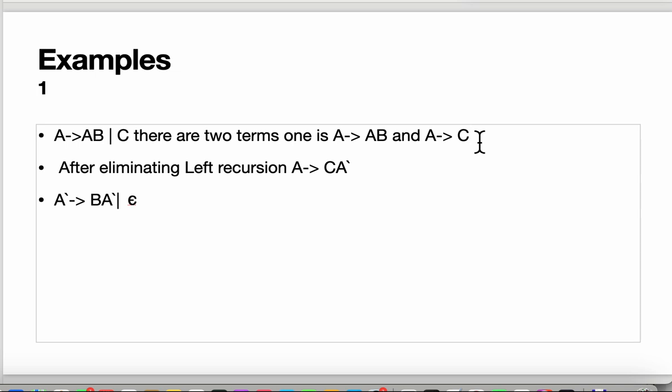We say it's recursive. So out of these two terms, one term is creating recursion and the other is not. So how do you eliminate it?